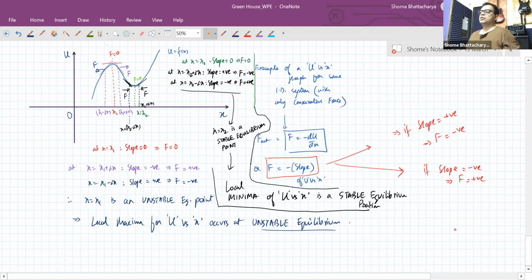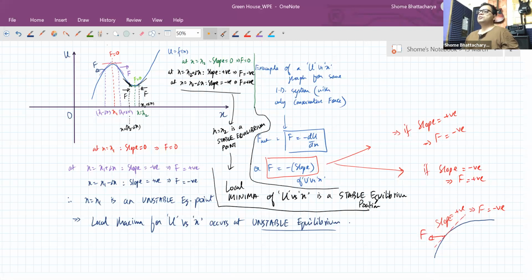This is how we came to know. So on the graph, if we have a point where potential energy is going like this, so at this point we can see the slope is positive. So that means the force is negative. So at this point the force will be like this.